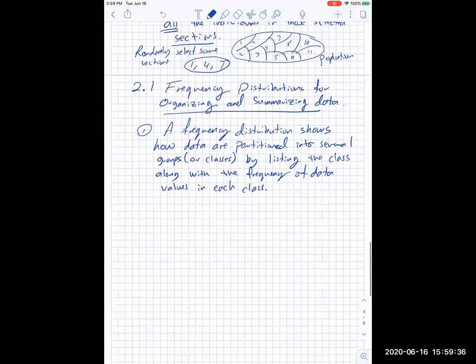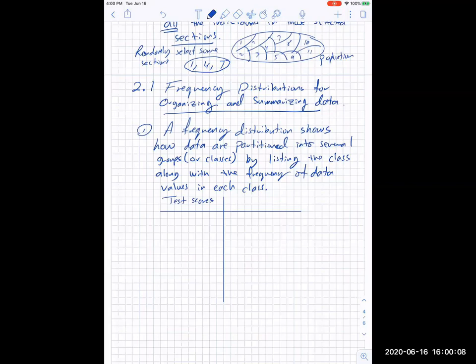Guys, let me explain this with a very simple frequency table. Look at this table. Okay. Test scores. Let's assume, guys, I collected a sample of test scores, a sample from one of the sections that I taught, let's say last semester.